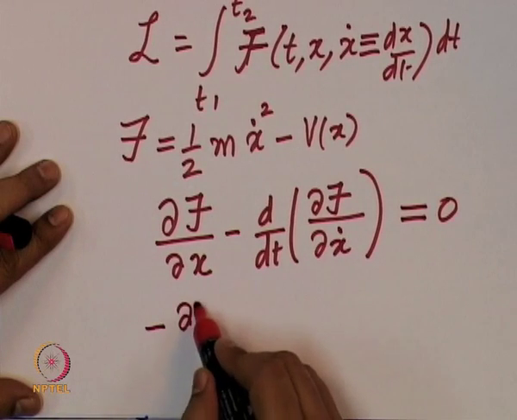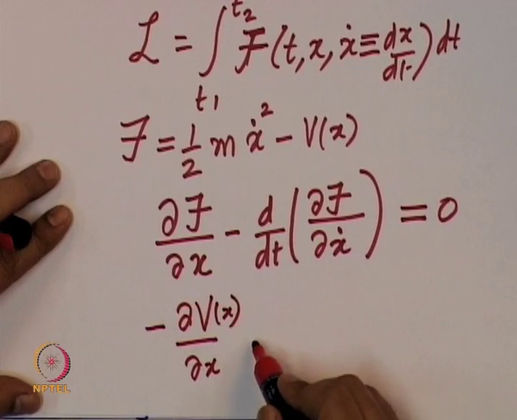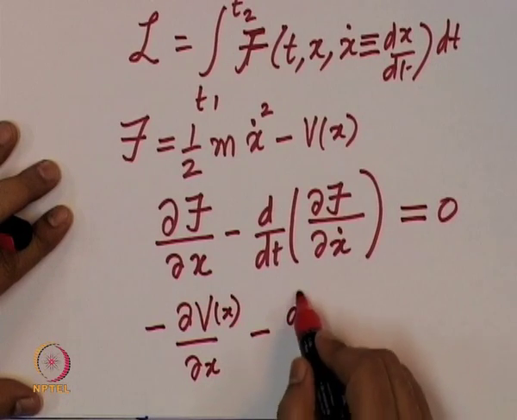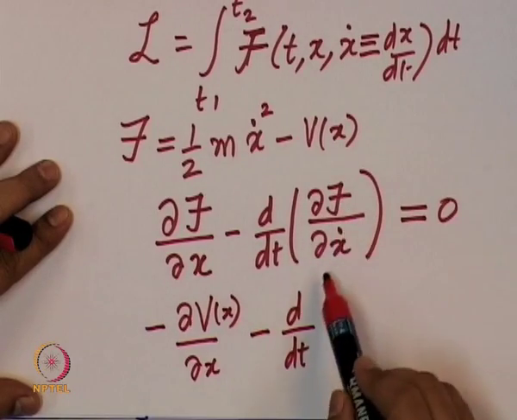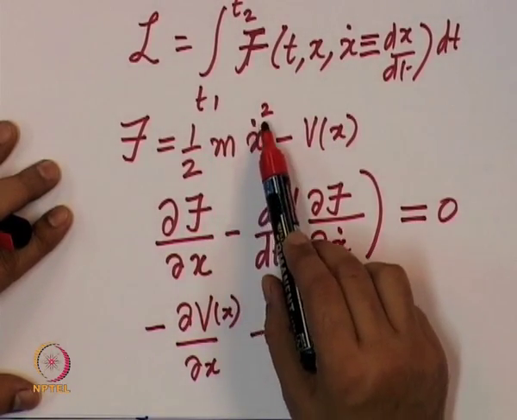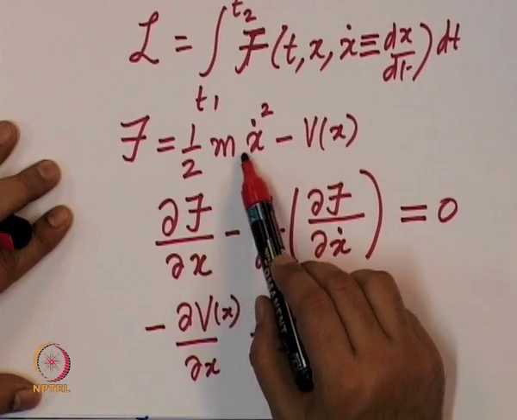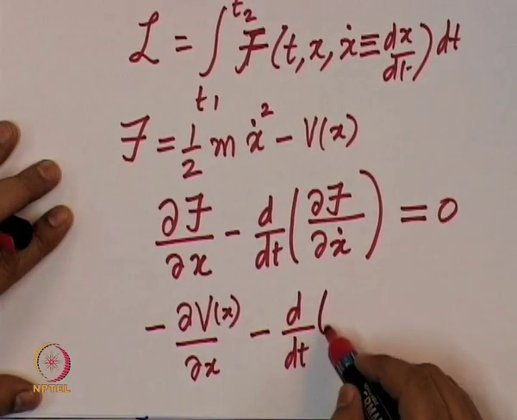So, dou of this functional by dou x: you see that V is the only explicit function of x, so you have minus dou V by dou x. Then minus d by dt of dou f by dou x dot. This is the only term which has x dot. If you assume that m is a constant, the 2 and 2 go off, so you get m x dot.